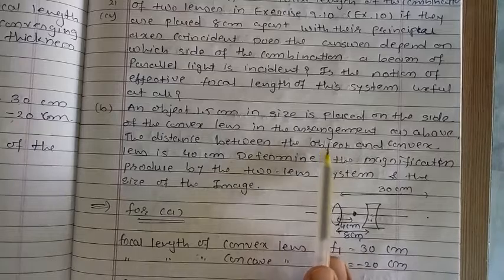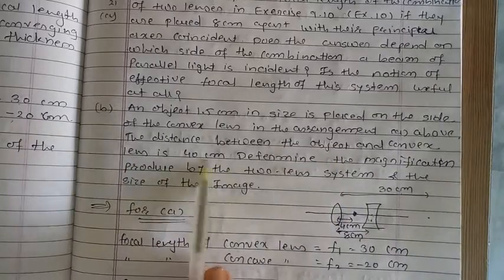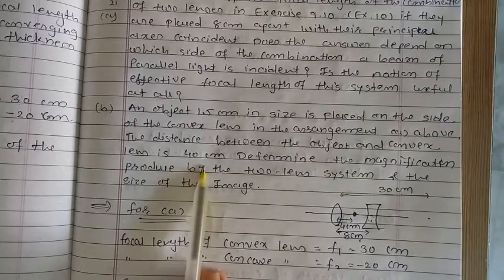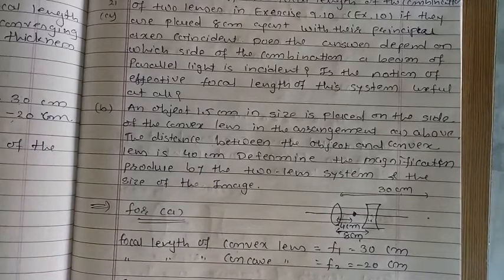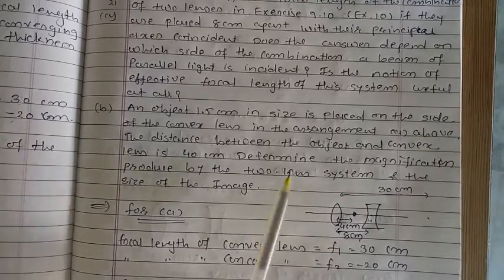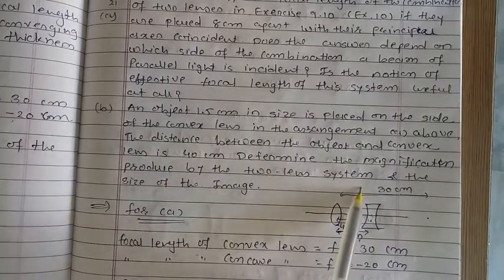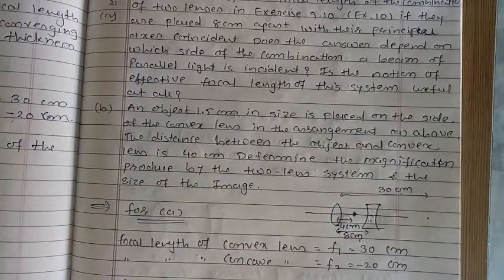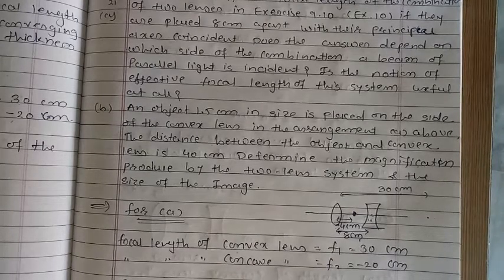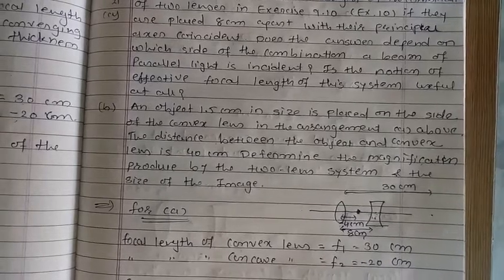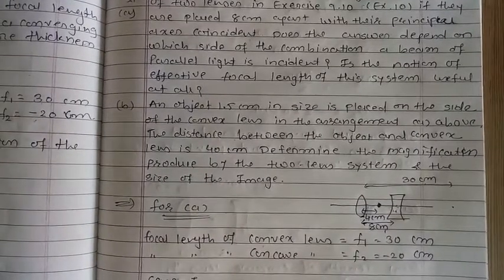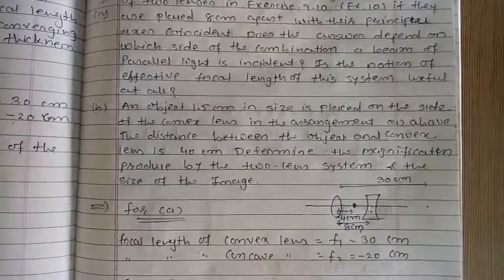The distance between object and convex lens is 40 centimeter, so object distance is given. So u is 40 centimeter, but left hand side, so minus 40 centimeter. Determine the magnification produced by the two lenses of the system and the size of the image. So we have to find out the magnification of the two lenses and also the size of the image, right?